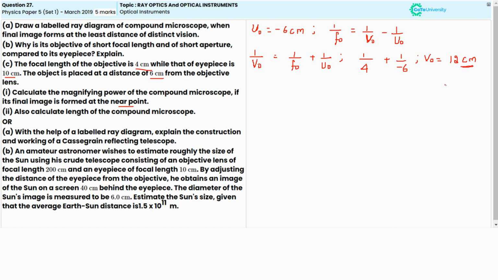Then, for the eyepiece, v e is equal to minus D, that is equal to minus 25 centimeter.